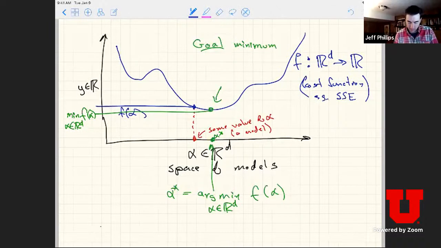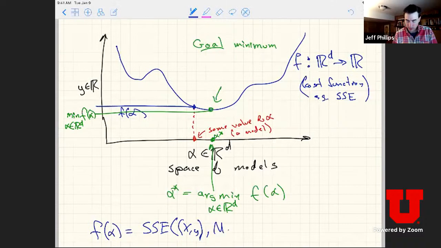The most common form of this function f of alpha is going to be the sum of the squared errors between y and the model of alpha.